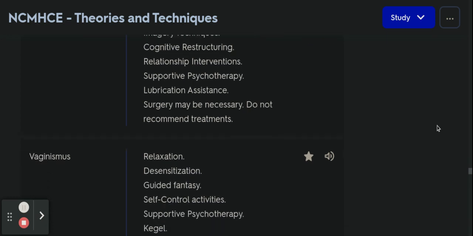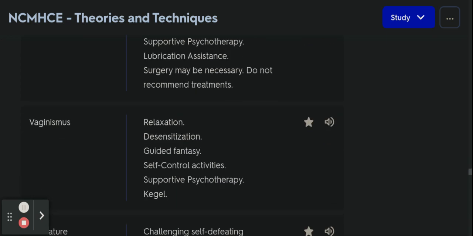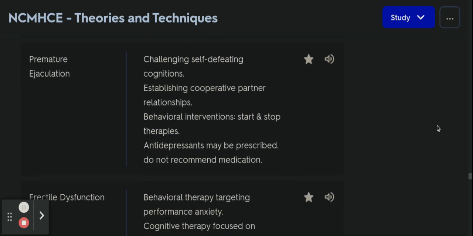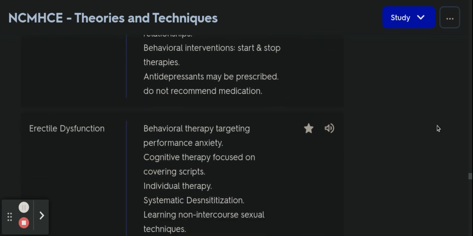Vaginismus: relaxation, desensitization, guided fantasy, self-control activities, supportive psychotherapy, Kegel exercises. Premature ejaculation: challenging self-defeating cognitions, establishing cooperative partner relationships, behavior intervention, start and stop therapy. Antidepressants may be prescribed; do not recommend medication.